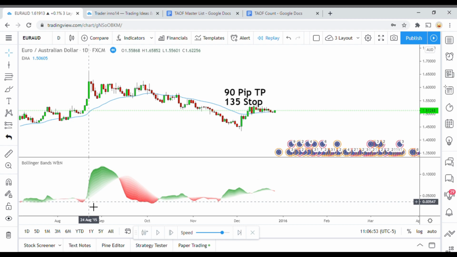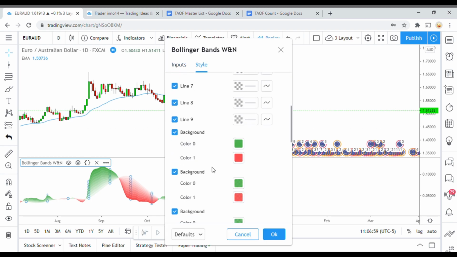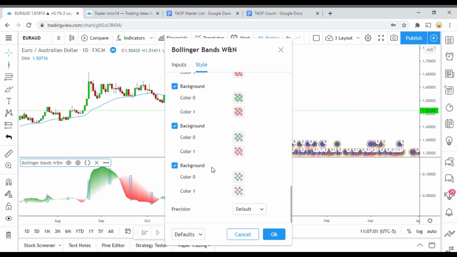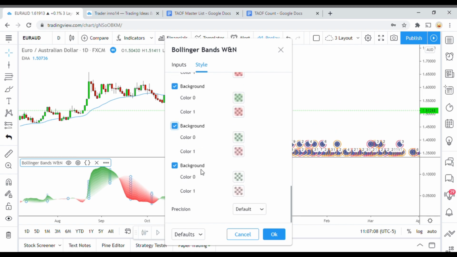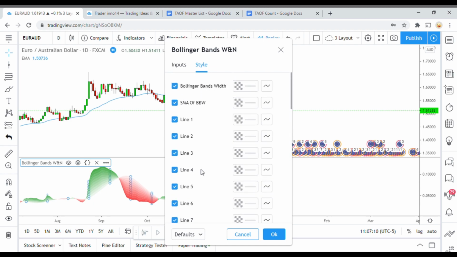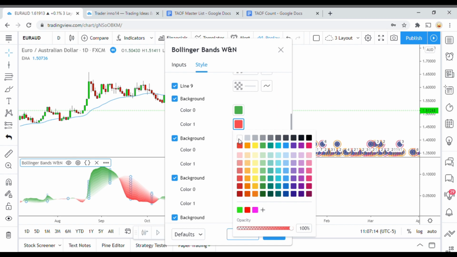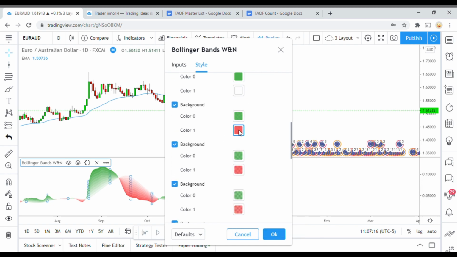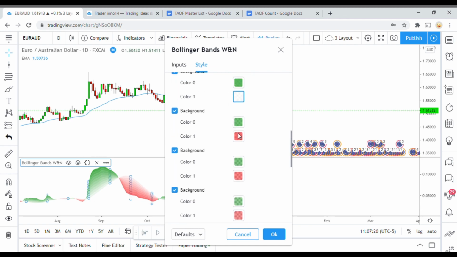And so as it changes to green, we might even be able to do this. Let's see. Actually, let's do this real fast here.